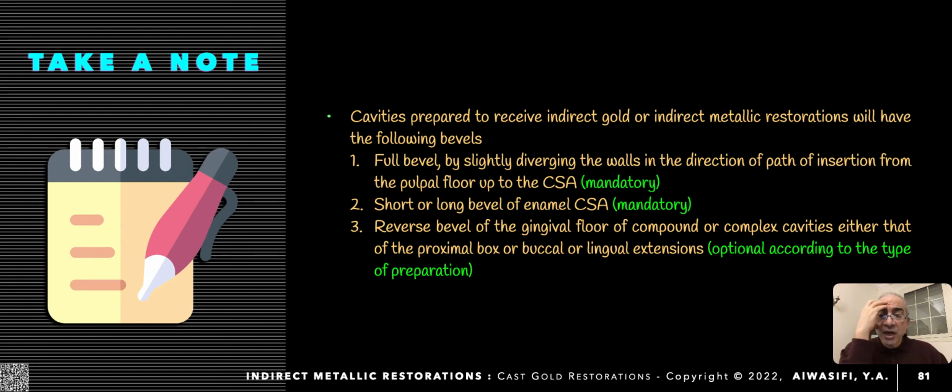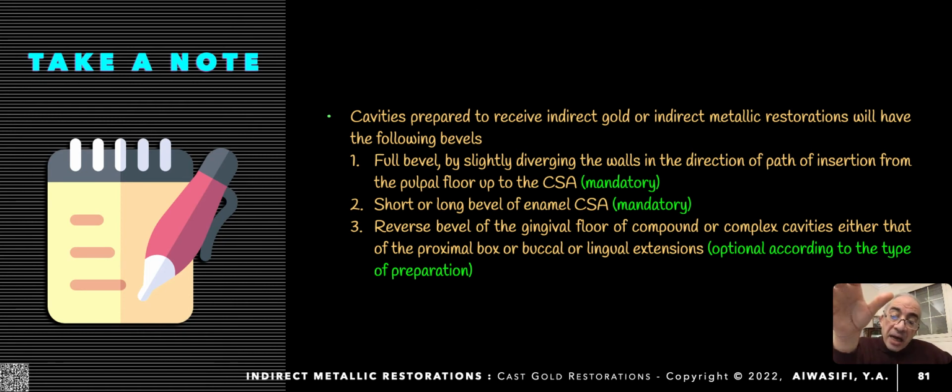Short or long bevel will be discussed later according to the degree of friability and the needed retention for this cavity. And this is a mandatory one, to create room for burnishing and to flexibly extend the cavity to a self-cleansable area, as we discussed a few seconds ago.